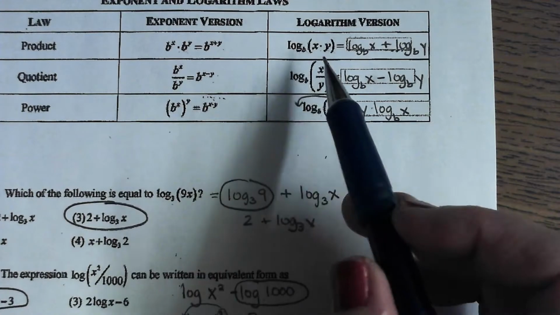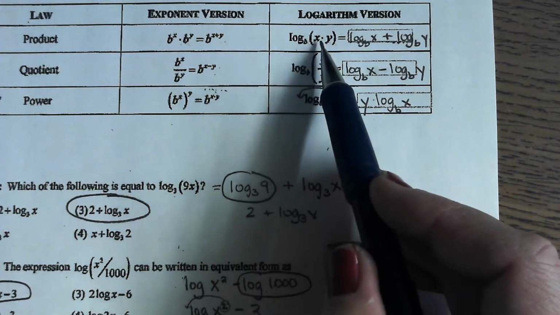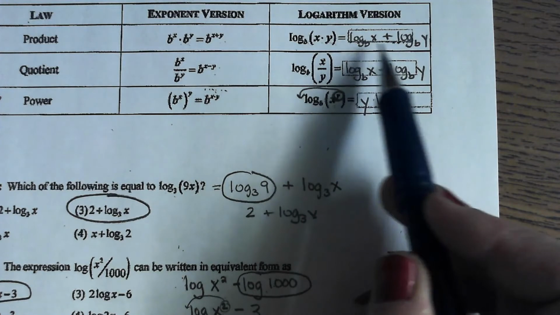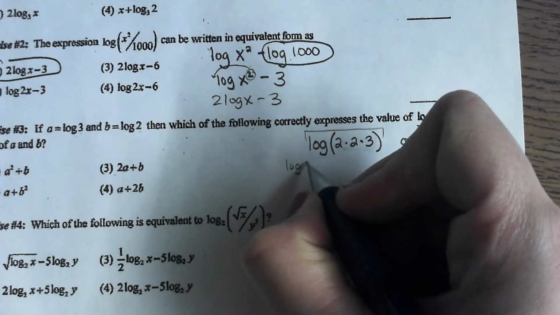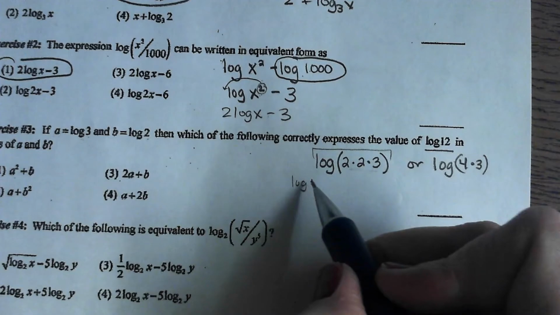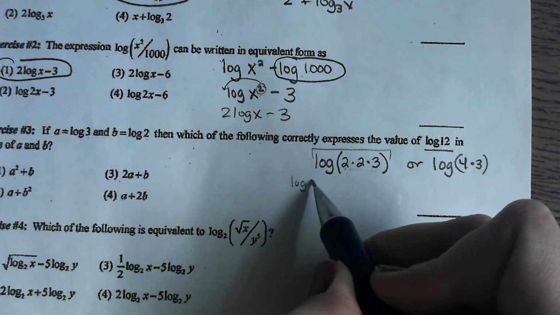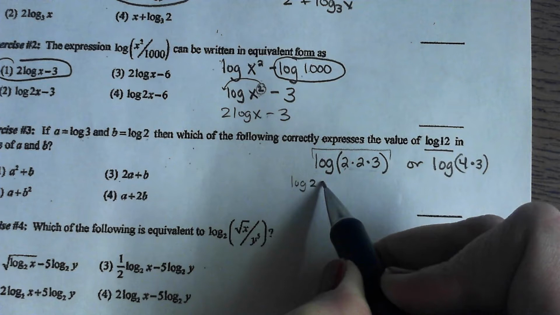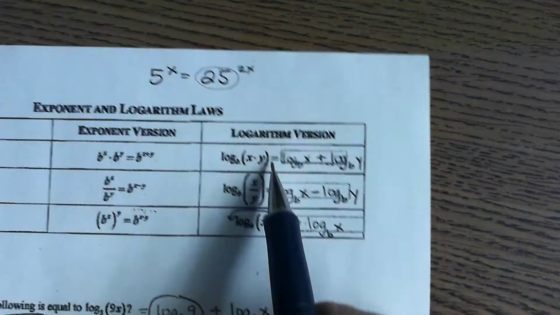Right, it's a single log right now, so which property are we going to apply here? The first one. So the log of things being multiplied turns into... Well, let's go back to operations.